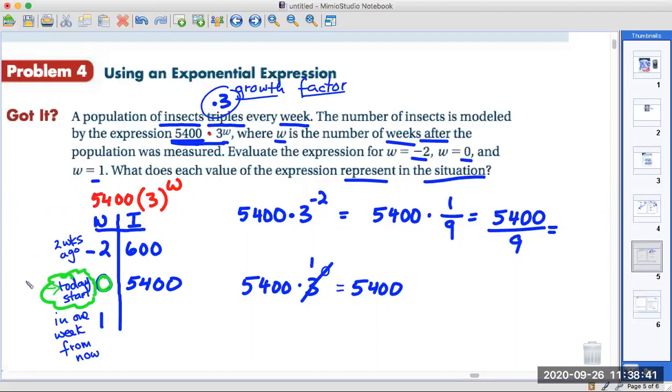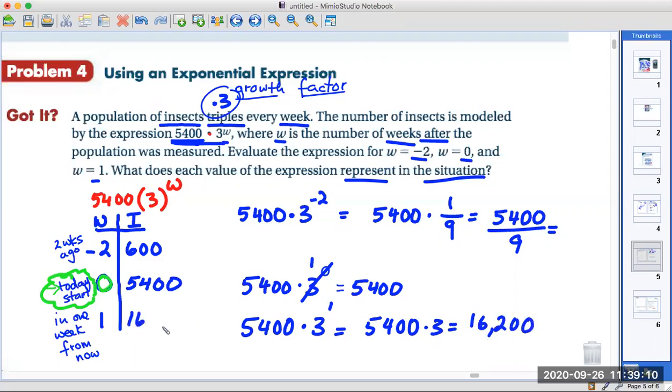Now let's look how many we have in 1 week. So for W, I'm going to put 1. So I have 5,400 that I started out with times 3 to the power of 1. And 3 to the power of 1 is simply 3. So it's 5,400 times 3, which is 16,200.